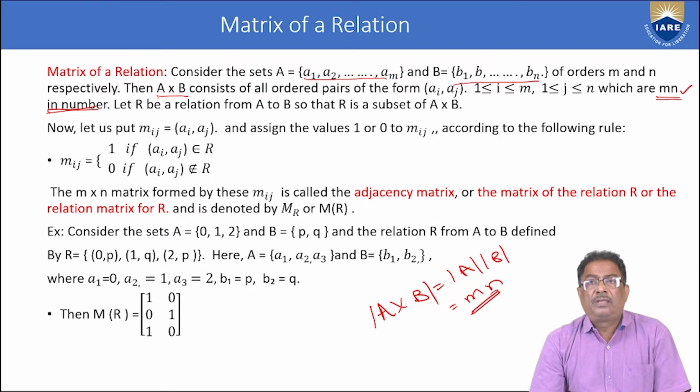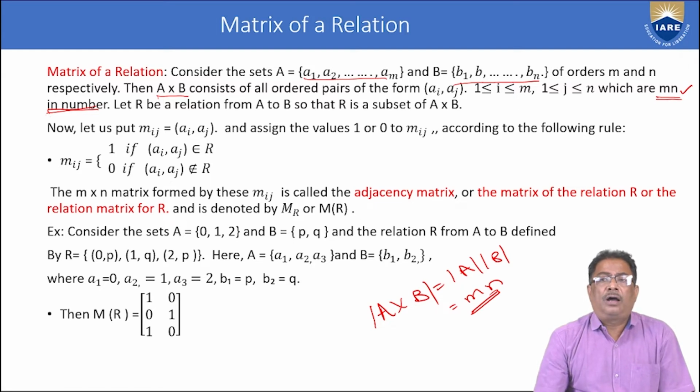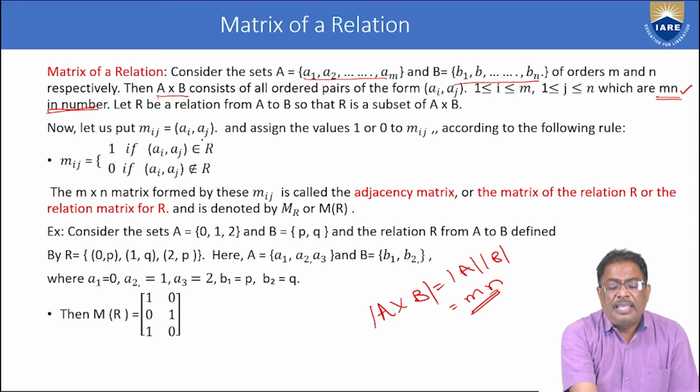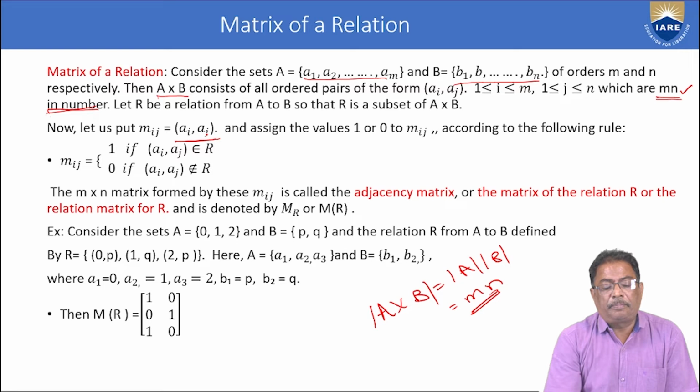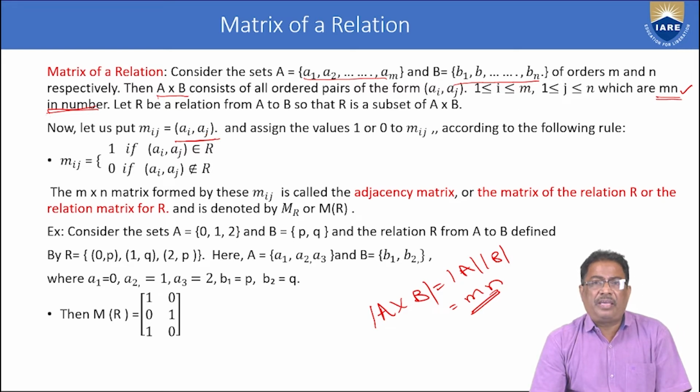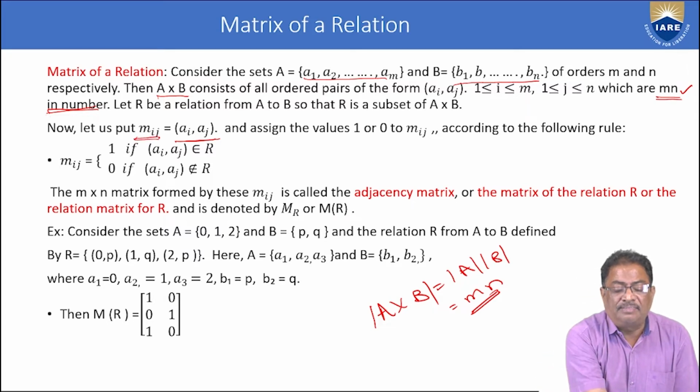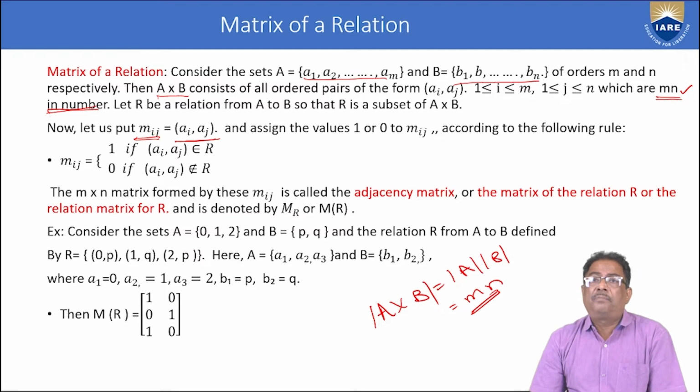Then we have to find the relation. A relation is nothing but a subset of A cross B. Now, how are we going to construct a relation matrix? If we consider any ordered pair AI, AJ, then Mij means the ith row, jth column element in a matrix.